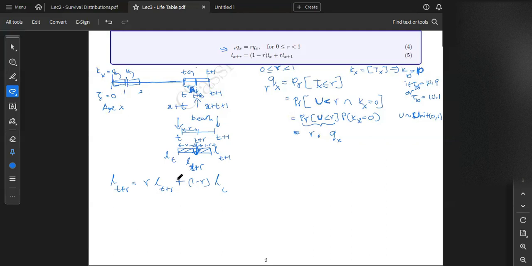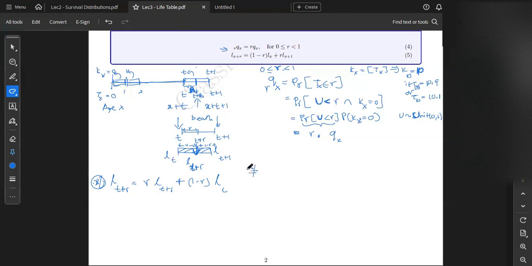It will give a linear interpolation for the number of survivors at this partial life on the lifeline. So that is a possible way of defining it. So it's kind of the general way you can use.